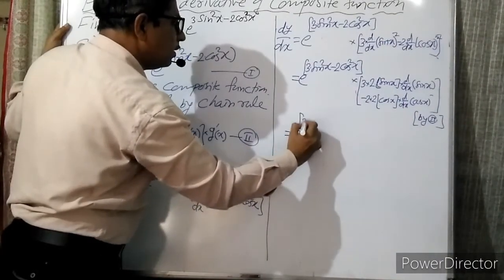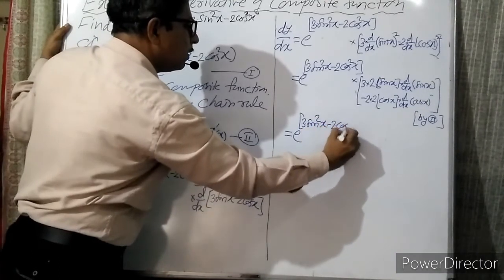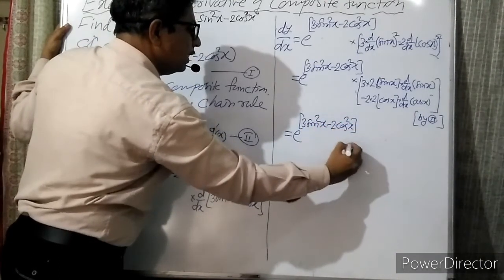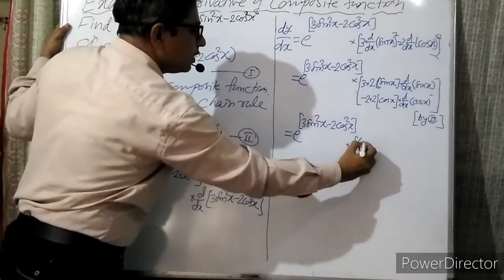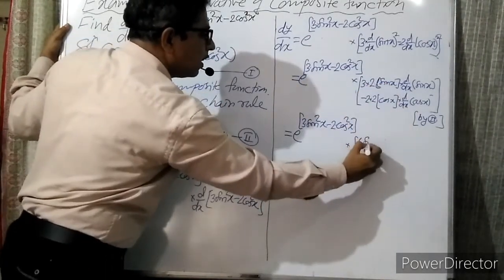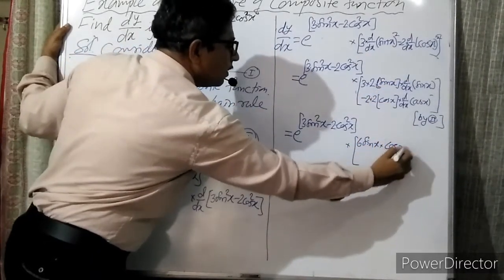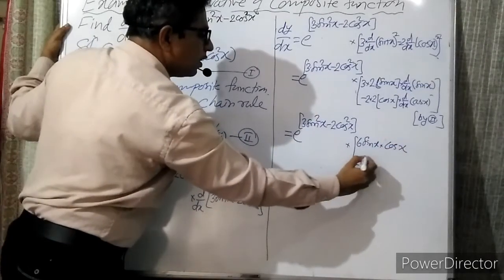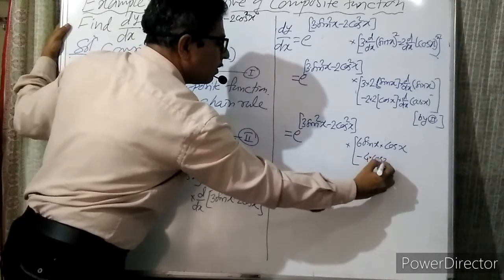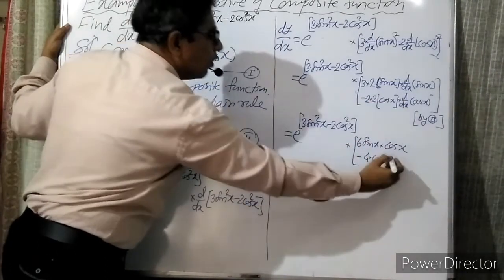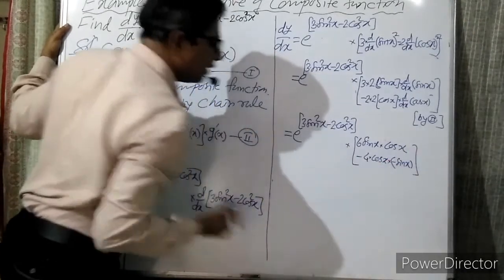So it is equal to e raised to 3 sine square x minus 2 cos square x as it is, into this bracket. This is 3 into 2, 6 sin x into derivative of sin x is cos x, minus 4 cos x into derivative of cos x is minus sin x.